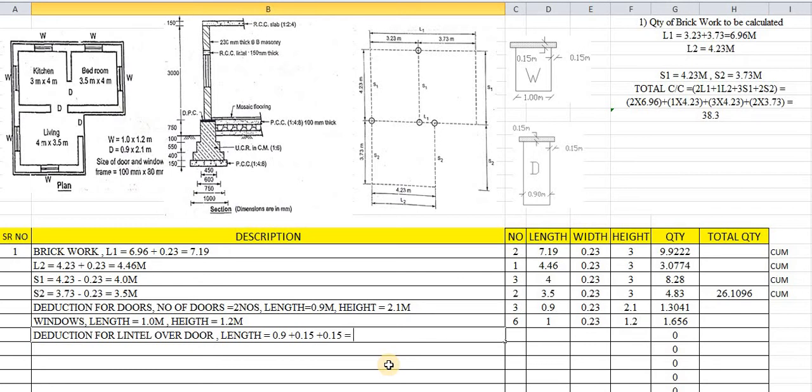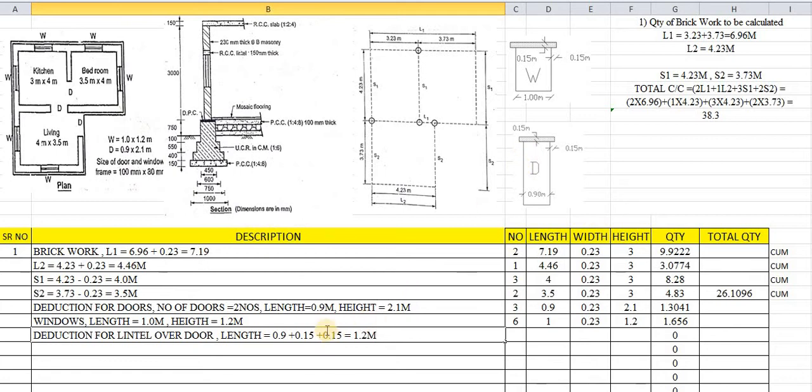What is the total? 0.15 plus 0.15 is 0.3, and 0.3 plus 0.9 is 1.2. So 1.2 meters is the length of the lintel, which is to be deducted from the brickwork.